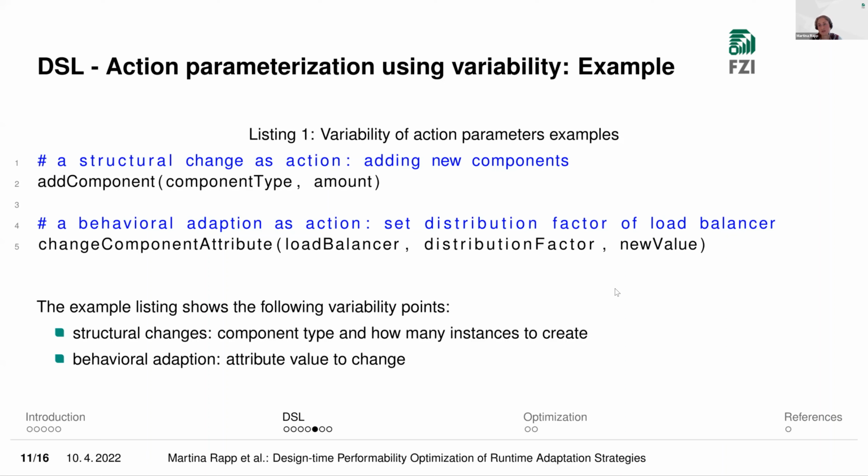So the action contains as variability points the component type, which references the component type that should be created, and the number of instances that should be created. Action number 2, change component attribute. This now encodes a behavioral adaptation by changing an attribute value of a component instance. In this case, it would set the distribution factor of the previously mentioned load balancer component to a new value.